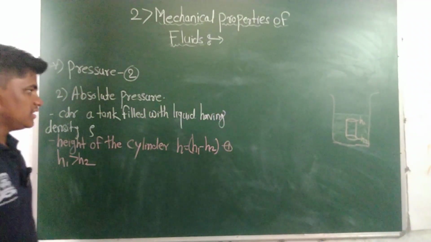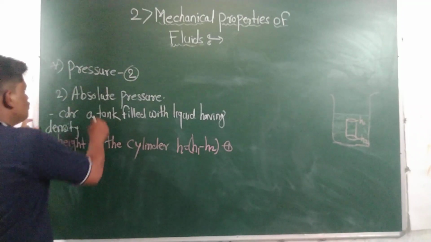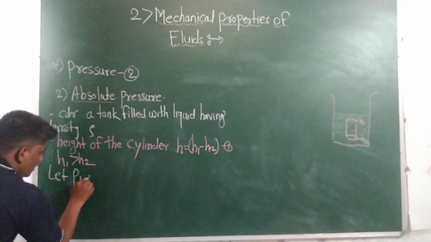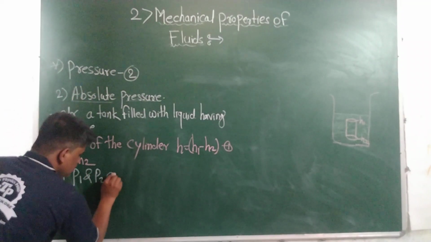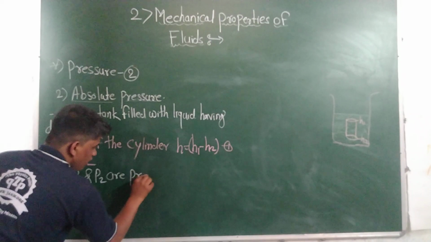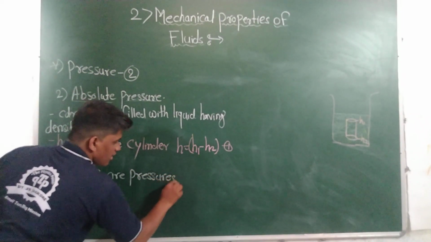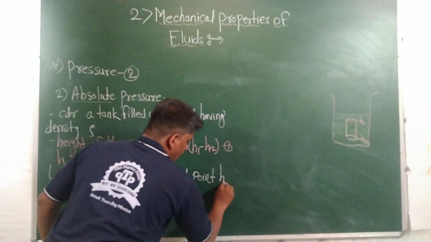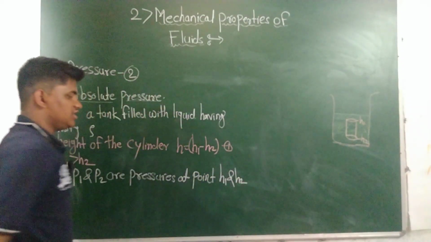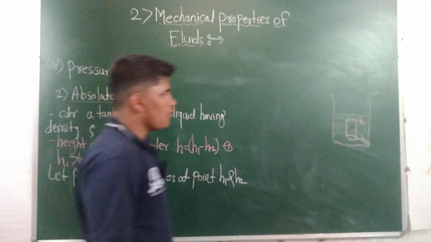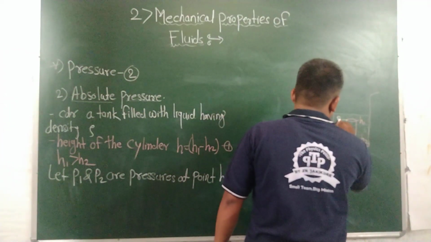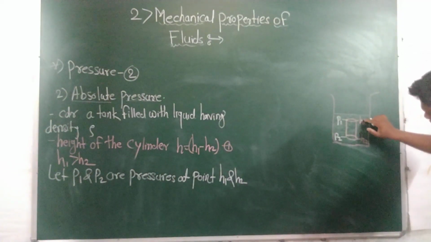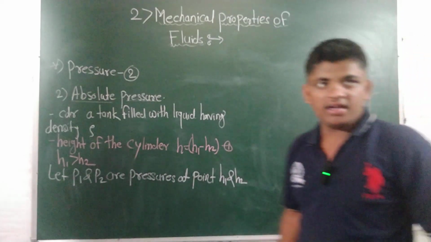Then what happens? We have to find the absolute pressure. Let P1 and P2 be the pressures at the points at heights h1 and h2 respectively.